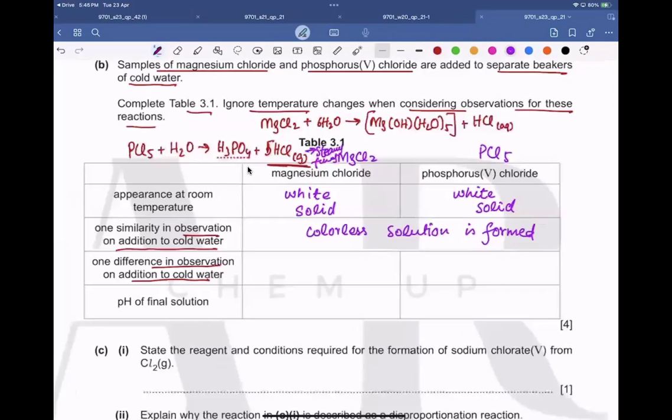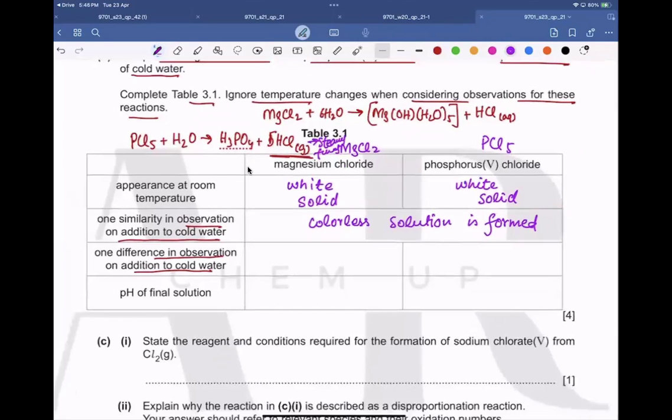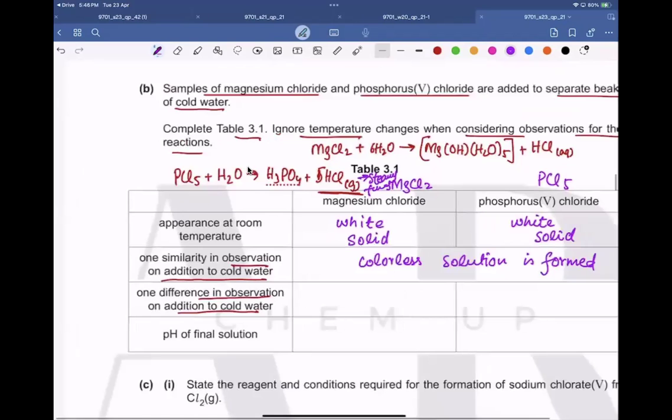So see, due to more amount of HCl, you will get steamy fumes with PCl5, but no steamy fumes with magnesium chloride, because the HCl formed stays aqueous. So I'm going to write over here, no steamy fumes, and here we will get our steamy fumes.